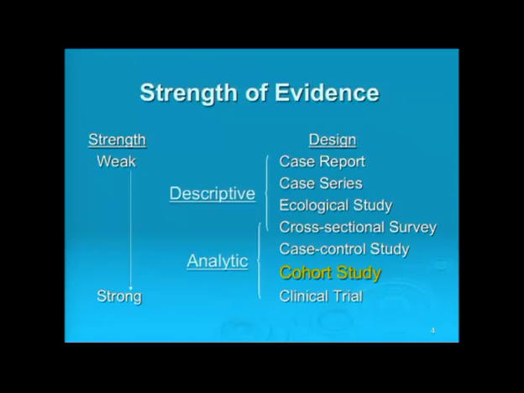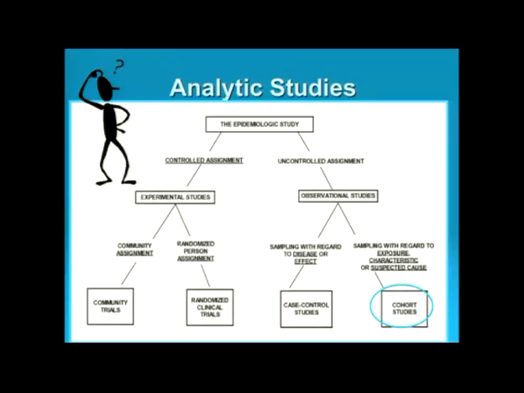Okay, so you've seen this slide several times before. A couple weeks ago we went through all of these descriptive study designs, and we talked about a case control study, which I had said was more of an analytic study, meaning it was driven by a hypothesis. It wasn't descriptive in nature. And today we're going to talk about a cohort study. So we're now getting into some pretty serious research that really can provide very important, compelling data to answer a research question.